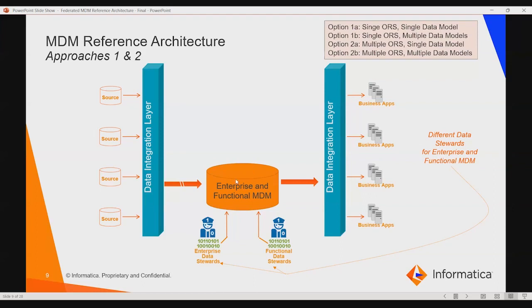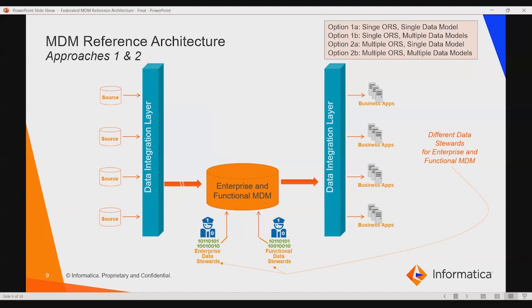So this is where we need to understand that, for a single ORS, single data model, like I said, all the source system data come in, we master them in the enterprise and functional MDM, and it flows out. Now, of course, for multiple ORSs and multiple data models, what would happen is you would have multiple ORSs residing in different geographical locations, and as well, you would maintain those multiple data models, right?